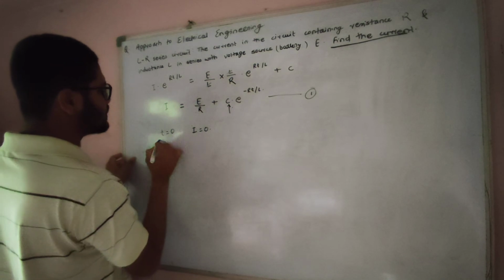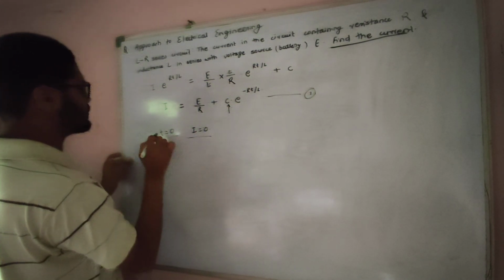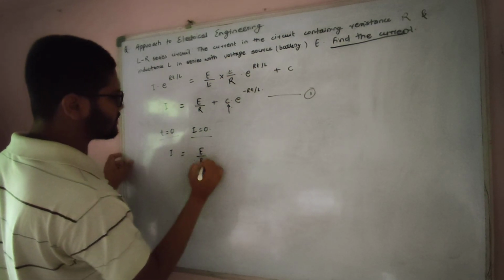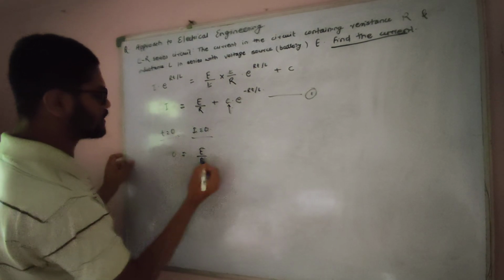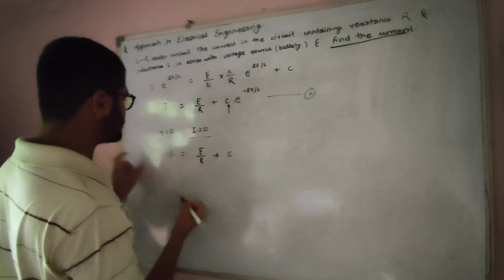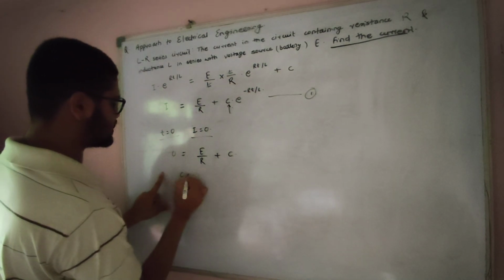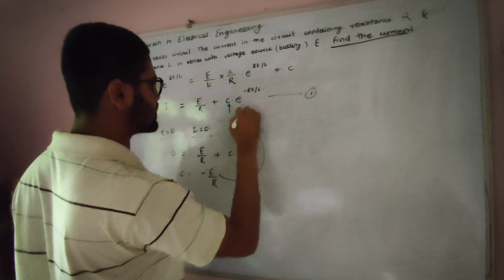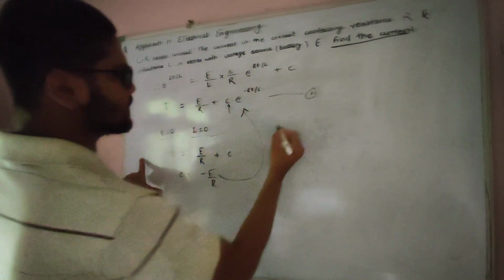So we can write: when t equals 0, I equals 0. Substituting this value in equation 1, we get 0 is equal to E by R plus C, so C is equal to minus E by R.